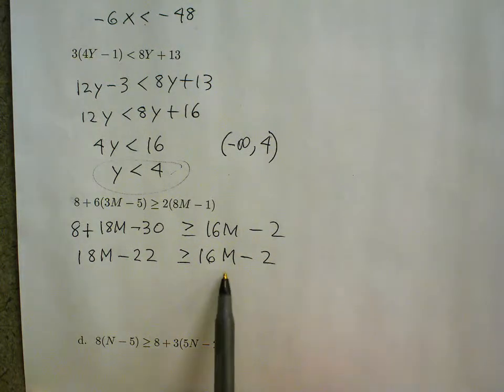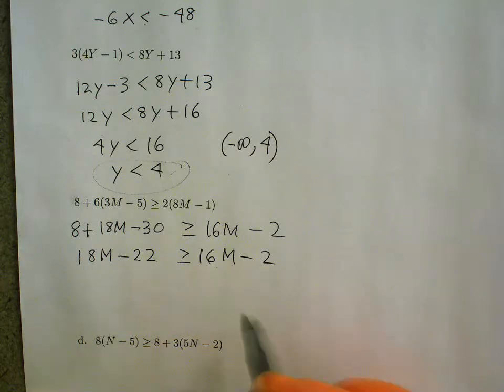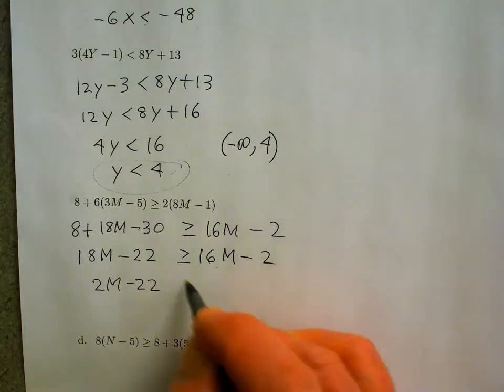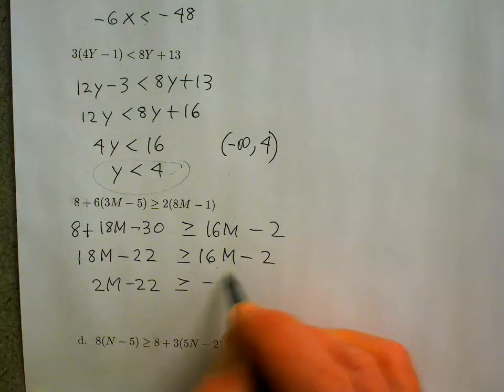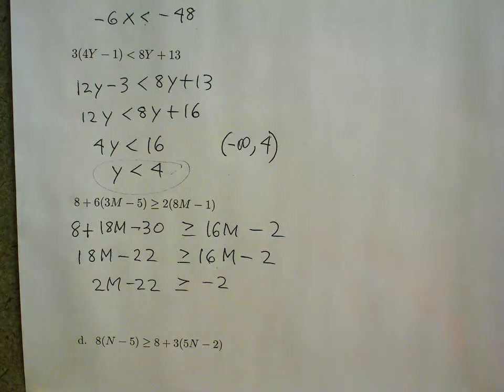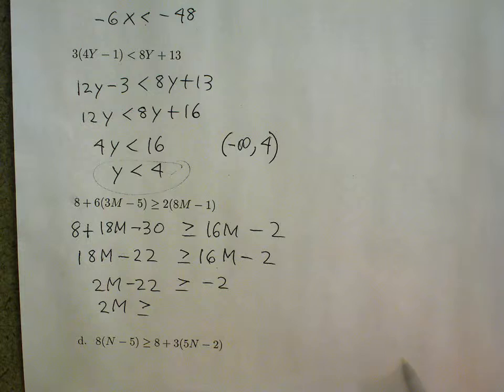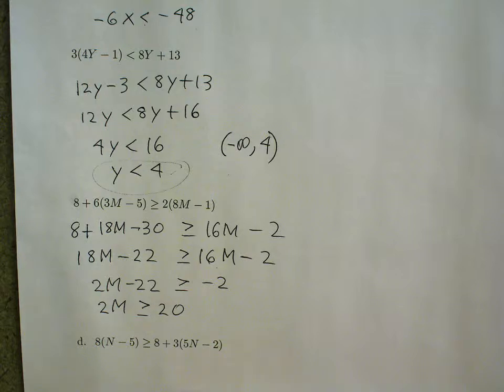In the next step, let's subtract 16m from both sides. When we subtract 16m from both sides, we get 2m minus 22 is greater than or equal to negative 2. Then we'll add 22 to both sides, and we get 2m is greater than or equal to 20, because negative 2 plus 22 is positive 20.